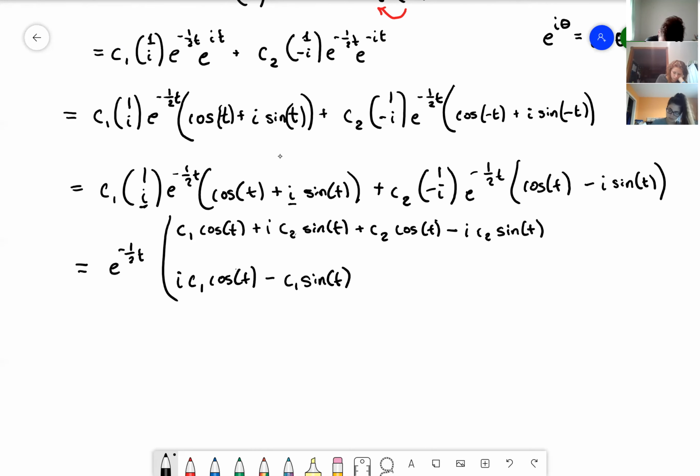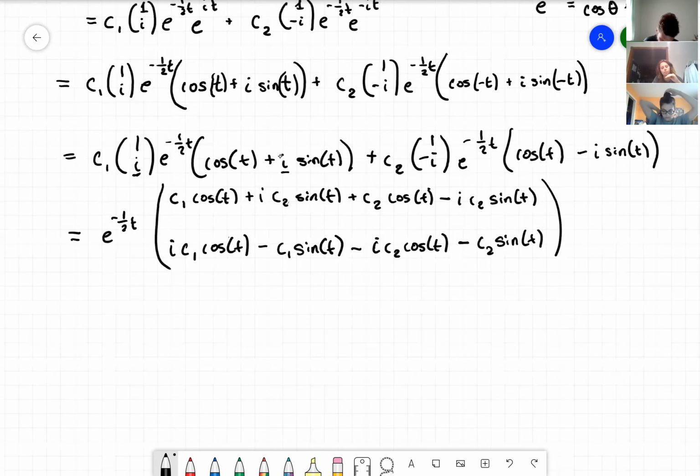Maybe I'll write this as minus I c2 times cosine of t. And then minus I times minus I is negative c2 sine of t. Okay, a little hard to follow.